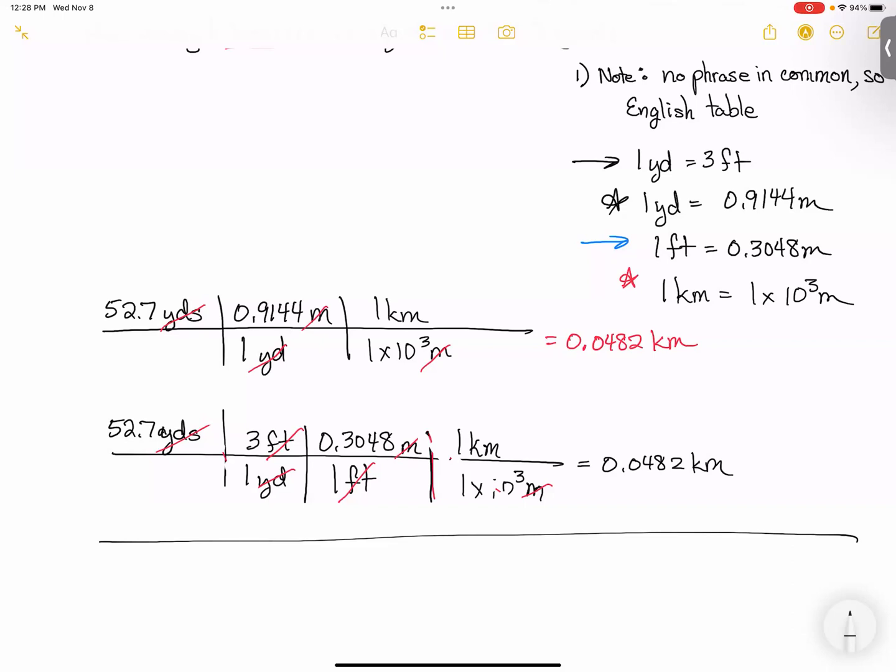So my conversion factors are going to be in that length column. If I want to describe volume, like quarts, cups, that's going to be over in the volume column. You have to think about what it is you're measuring.